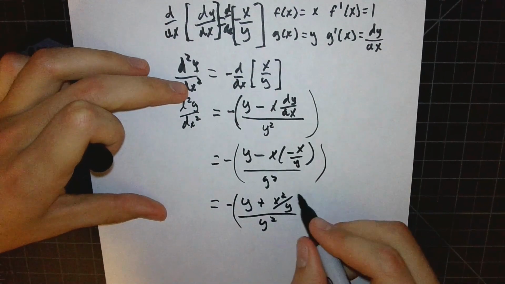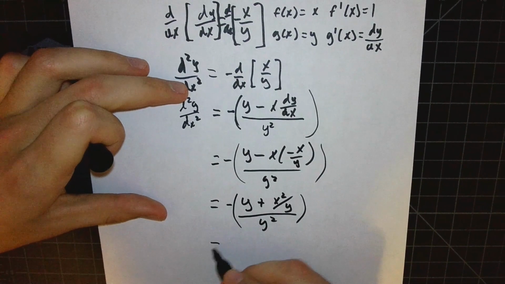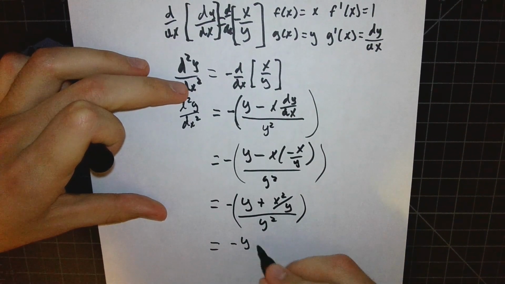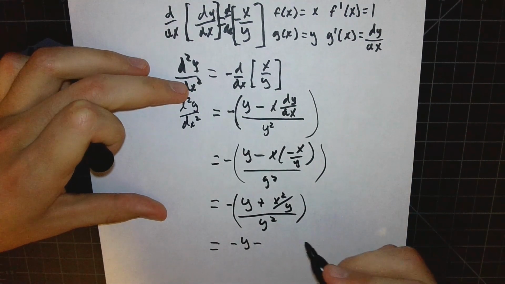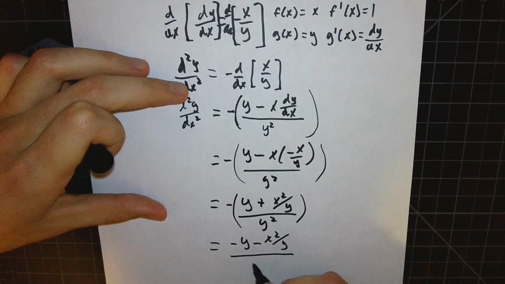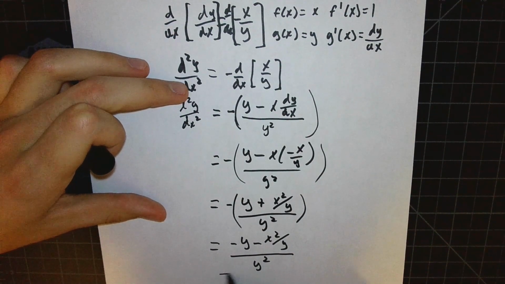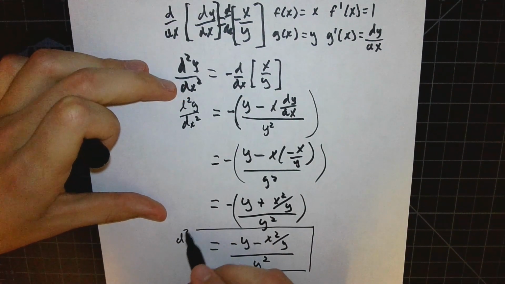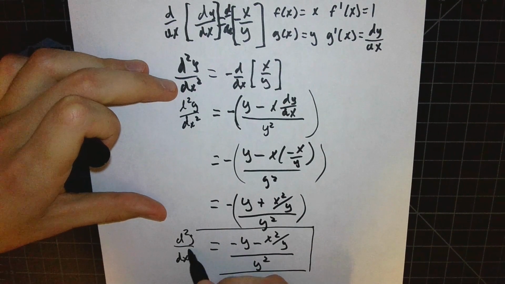And then we'll distribute in our negative, and we'll end up getting negative y minus x squared y all over y squared. And then this is the answer to what our second derivative is. So this is our d squared y/dx squared.